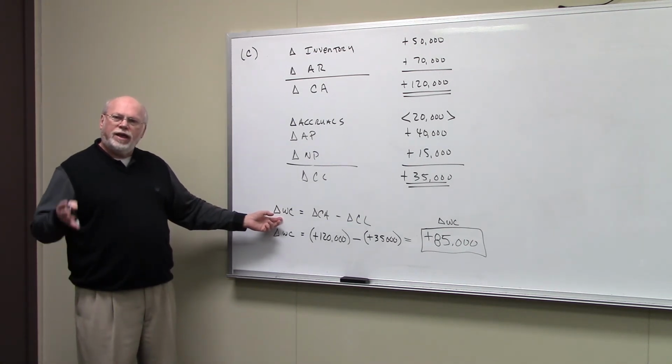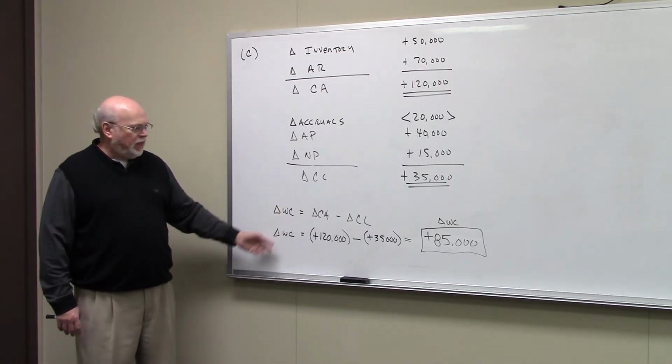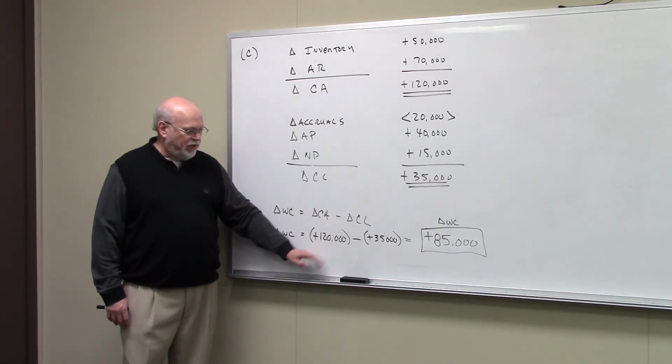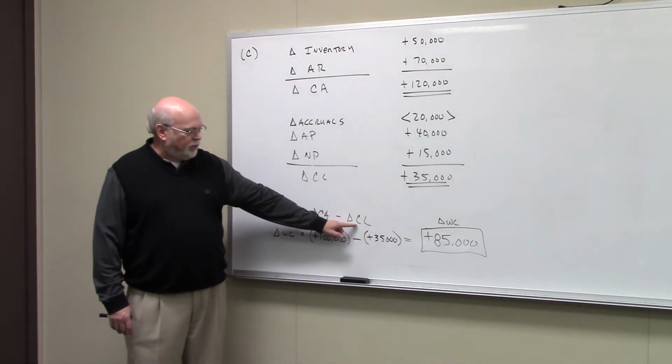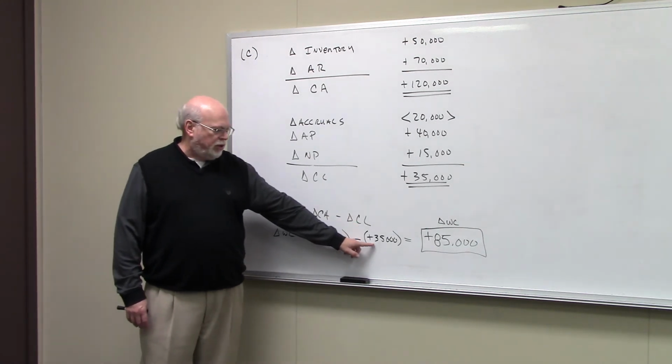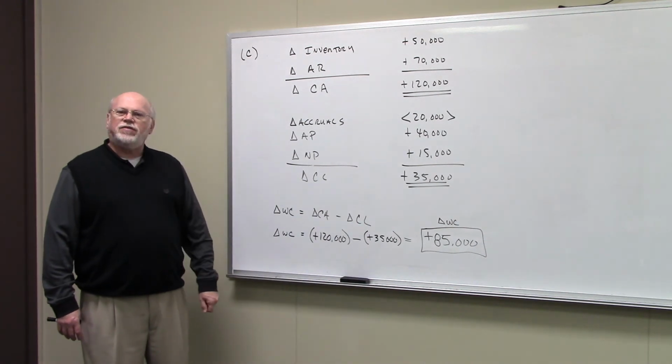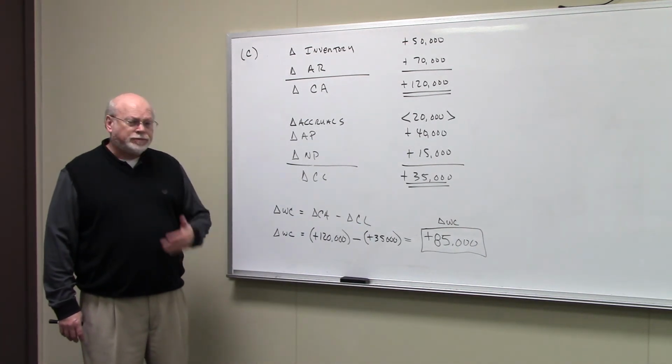We're going to have to go out and raise debt or equity to come up with whatever that number is. In this problem, our current assets are going to go up by $120,000. We want to subtract from that the change in current liabilities, which is a positive $35,000. The difference is a positive $85,000.